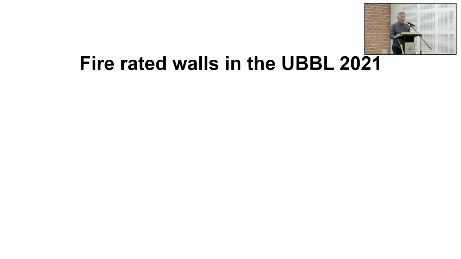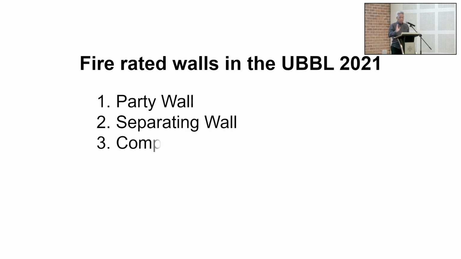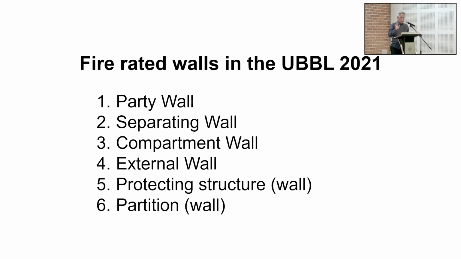Okay, so today we are going to talk about a very, very dry topic, literally: fire-rated walls in the UBBL 2021. Particularly in the UBBL, these are the specific terms with a very specific definition.